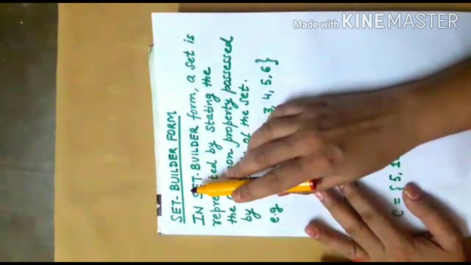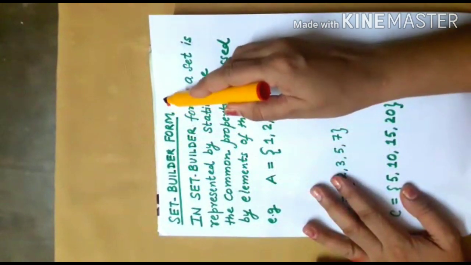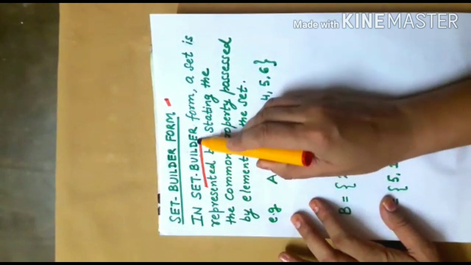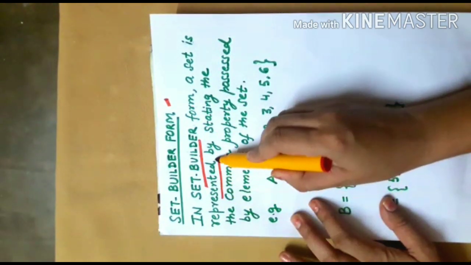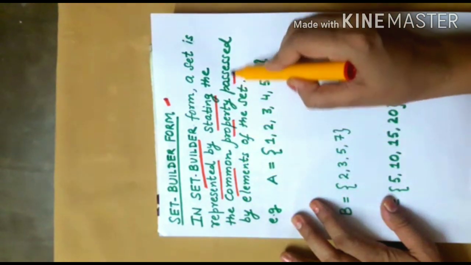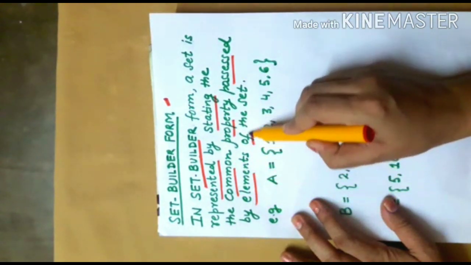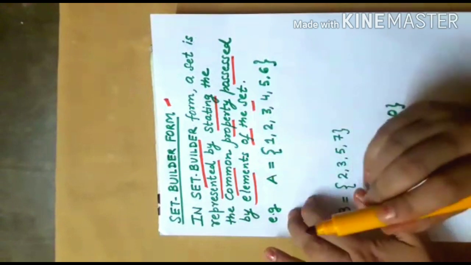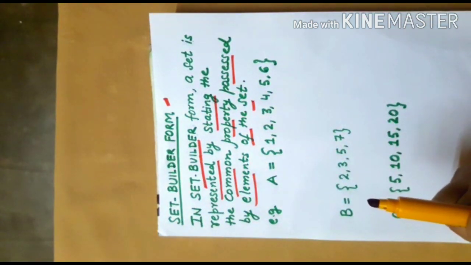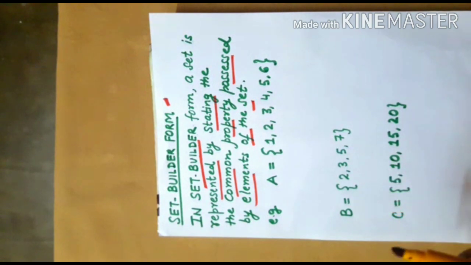Next we have the set builder form. In set builder form, a set is represented by stating the common property possessed by the elements of the set. That means when we represent a set using set builder form, we do not list all the elements.